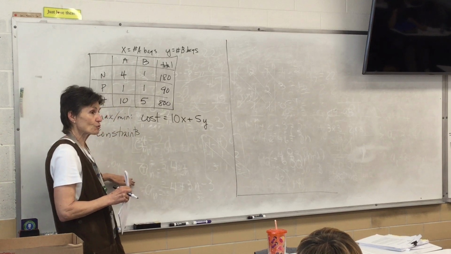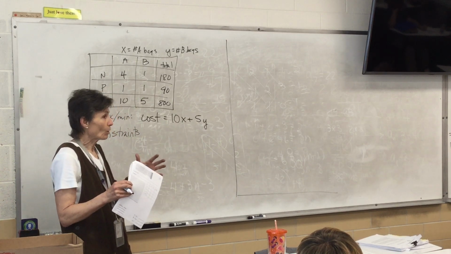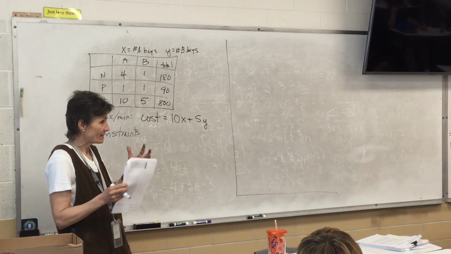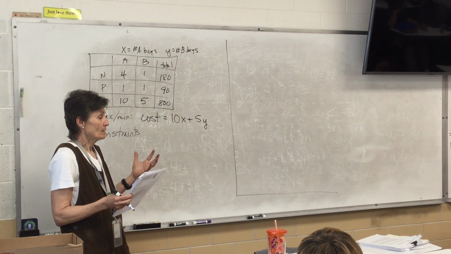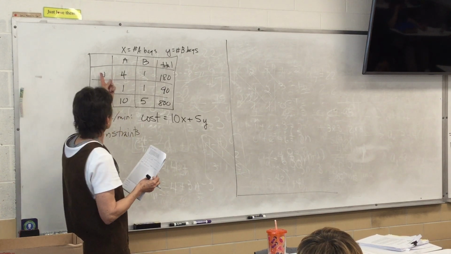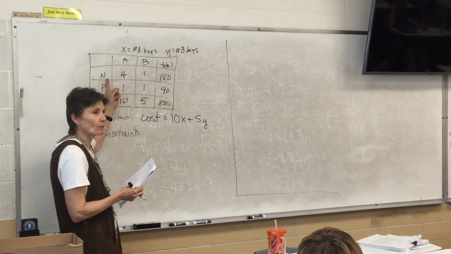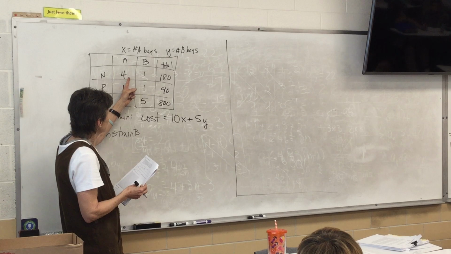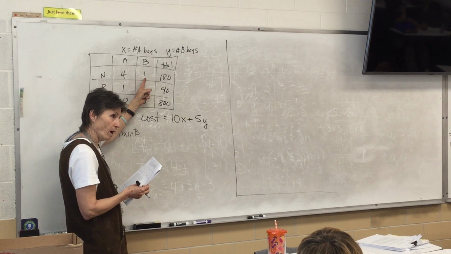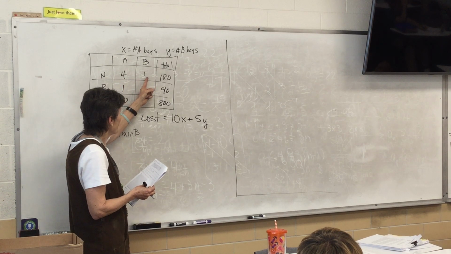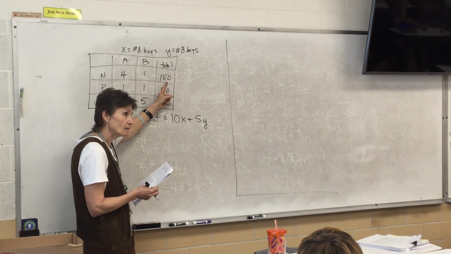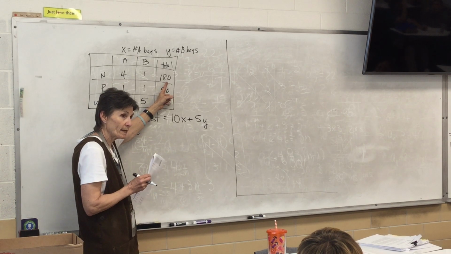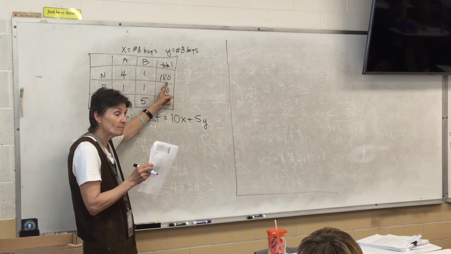Now, the constraints are the framework that this problem has to exist within. So let's look at this top row right here, the nitrogen row. 4 x's plus 1 y has to be what? Not equal to 180. Read the problem.